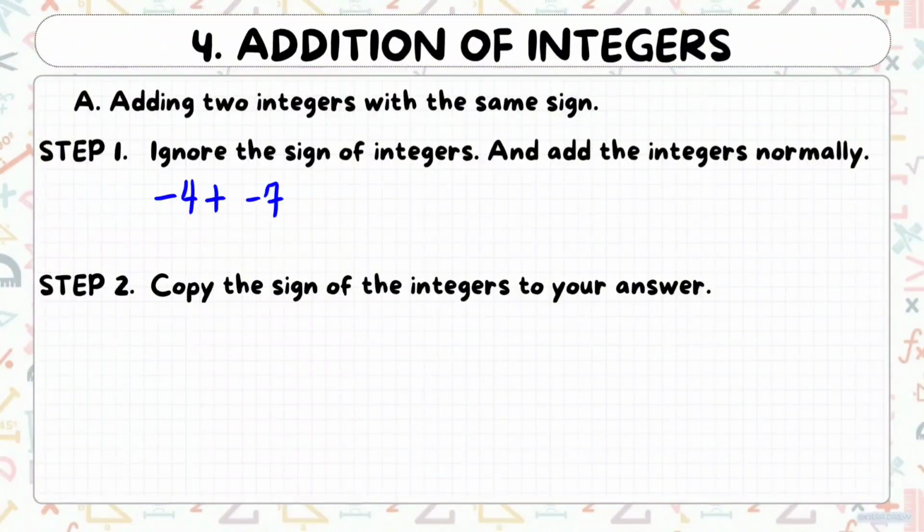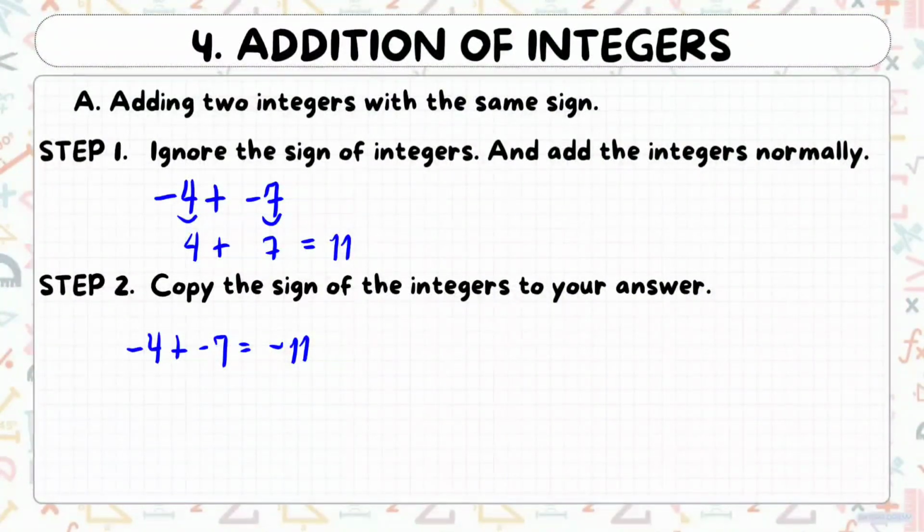So we ignore the negative, and it becomes 4. Ignore the negative, this becomes 7. So we only have 4 plus 7, and 4 plus 7 is equal to 11. Step 2, copy the sign. Since the sign of each integer is negative, the answer will be -11. -4 plus -7 is equal to -11.